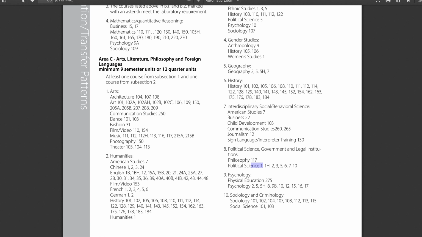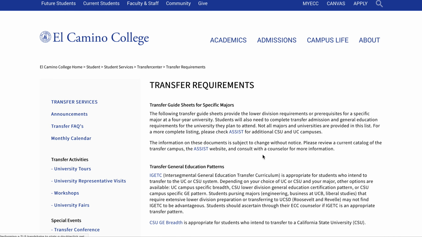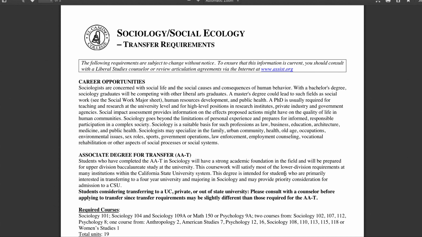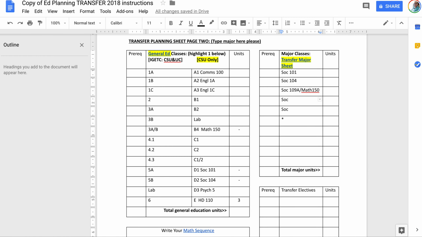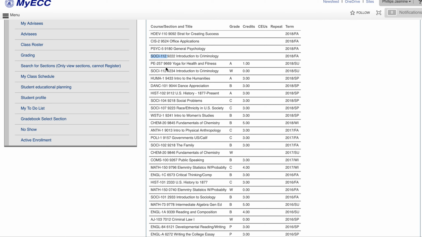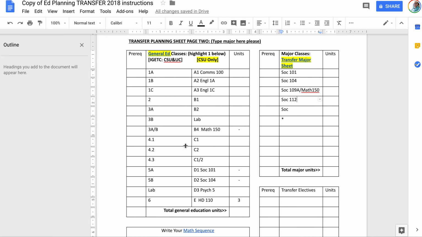Let me double check the options here. Soc 112 right there, so that's one of your two courses. And then PE is an elective, Humanities 1. So that is our Humanities course here, Humanities 1.